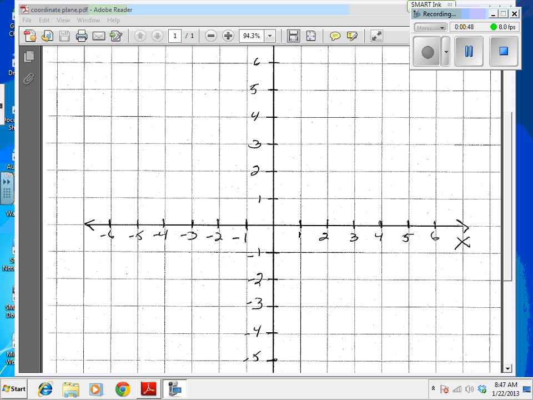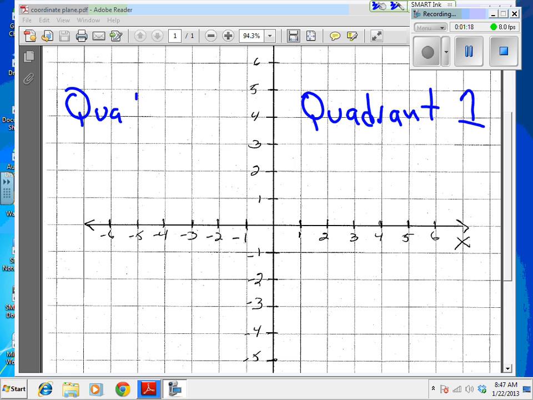Okay, the coordinate plane is made up of 4 quadrants, all right? And they don't go in a logical order. They actually go counterclockwise, all right? So we have here quadrant 1. We'll abbreviate quadrant the rest of the way.